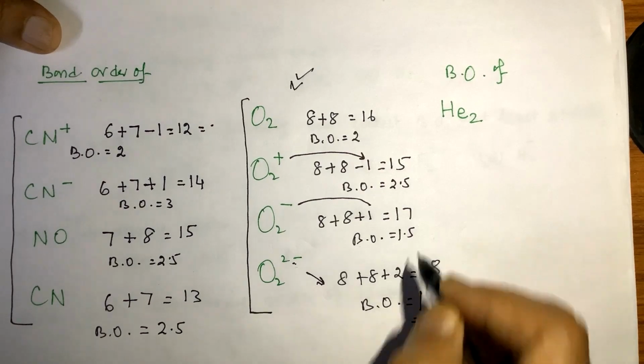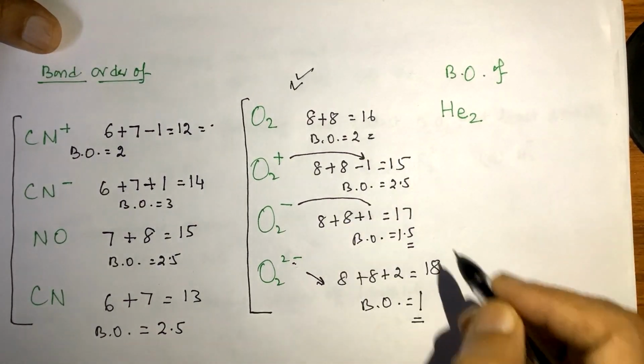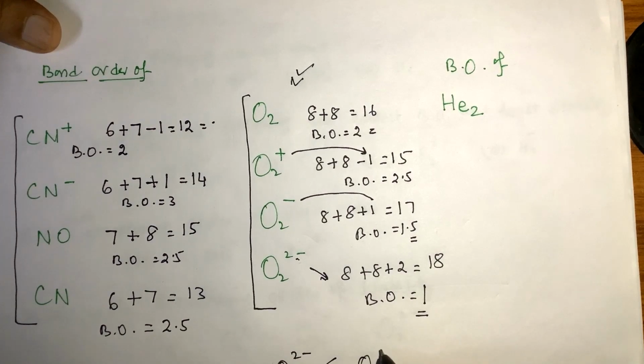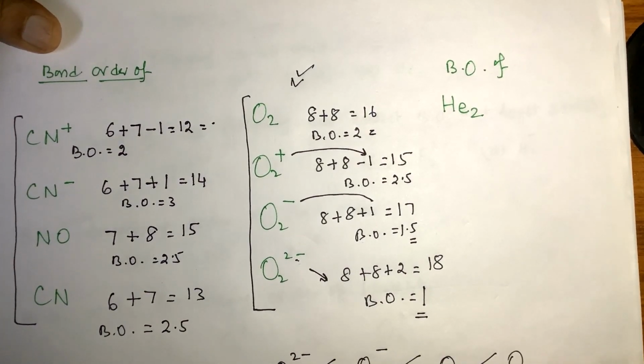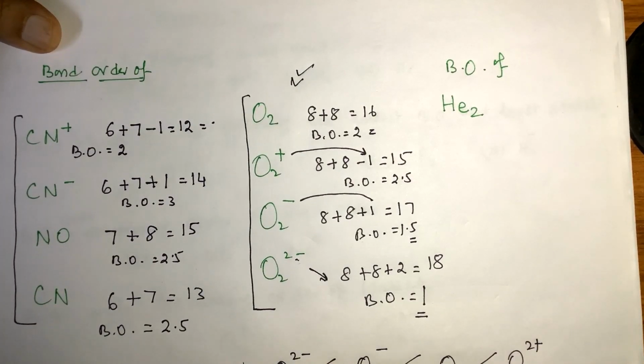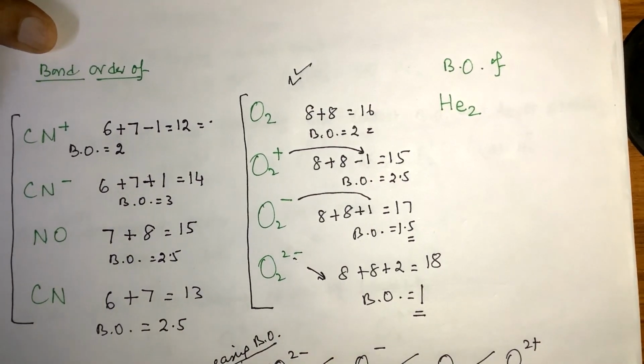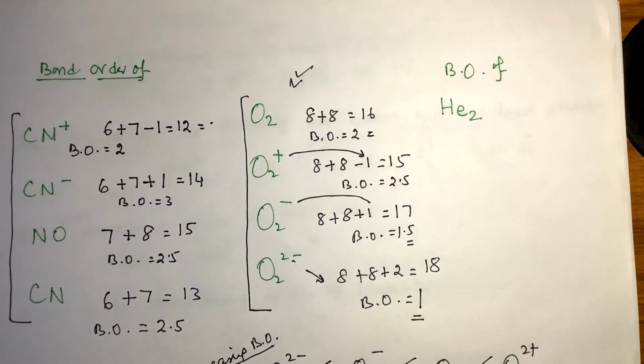This is the least, then this, and then this. So O2 2 minus has the least bond order, then O2 minus, then O2, and then O2 2 plus. This is the increasing bond order.